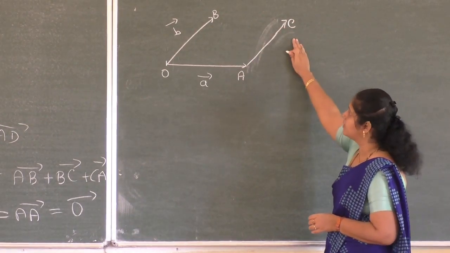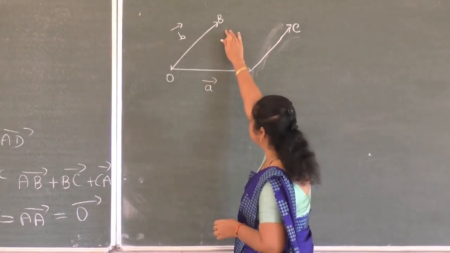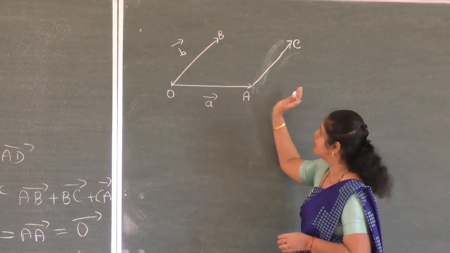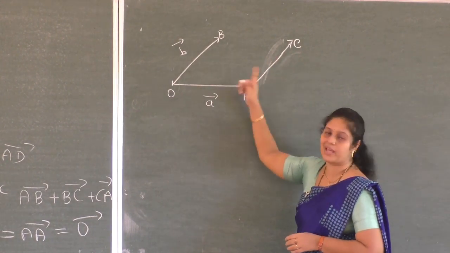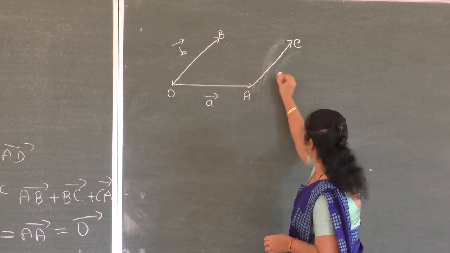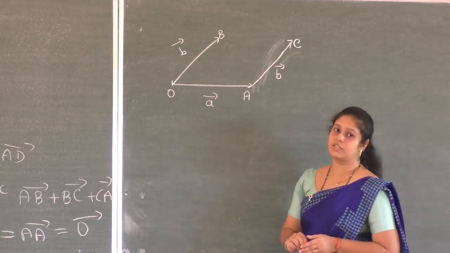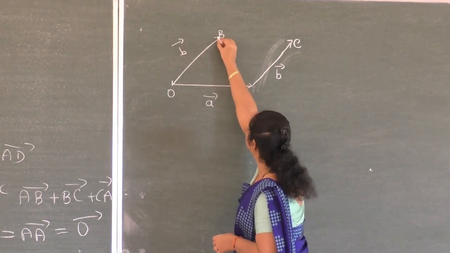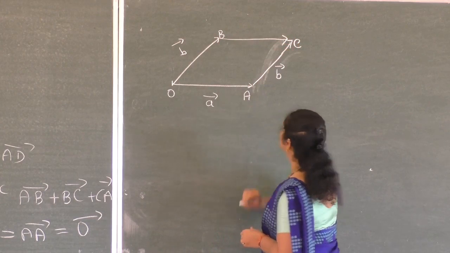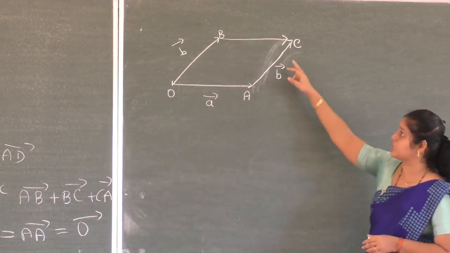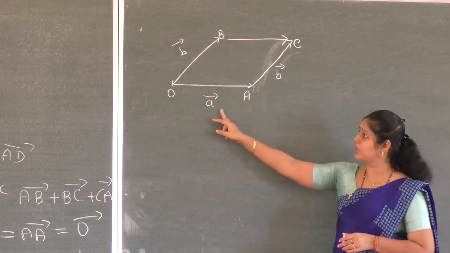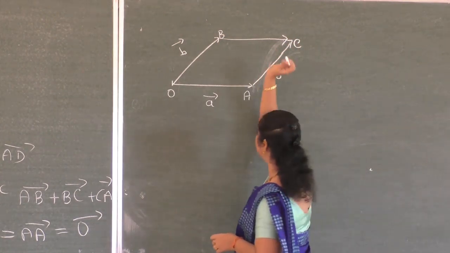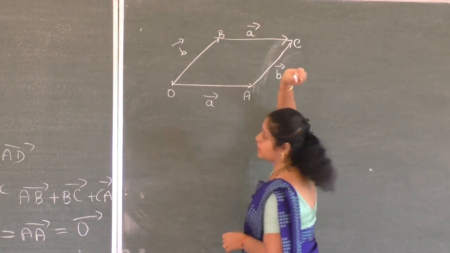So vector AC, which is parallel to vector OB, means these two are equal vectors because they have the same direction and the same magnitude. Therefore, this is also vector B. Then while completing the parallelogram, I will write another vector that is equal to vector BC. Vector BC and vector OA are equal vectors because they have the same direction and the same magnitude.